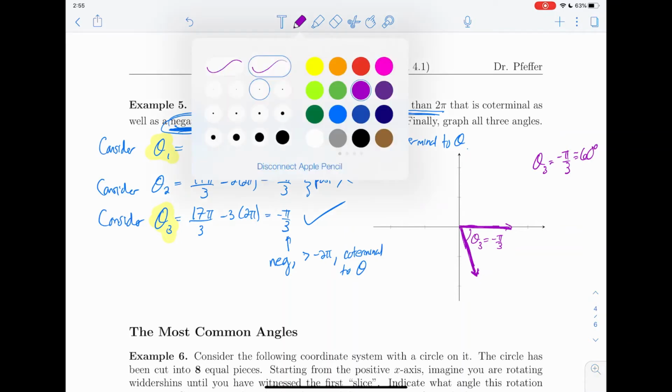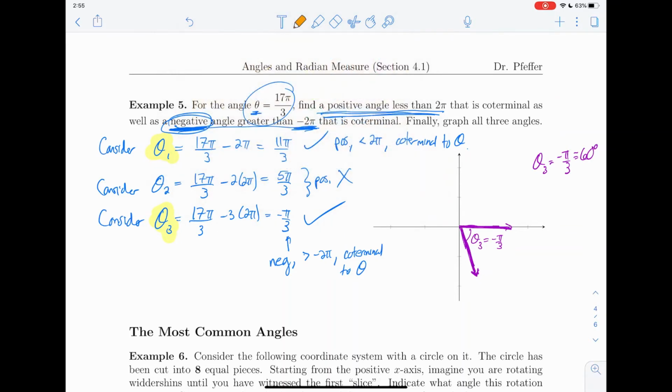So let's pick a different color. Maybe we'll pick orange. And we're going to label theta 1. This is 11 pi over 3. What we recognize here is that 11 pi over 3, again, we're going to be pointing in this direction. But since it's positive, we're going to be going in the counterclockwise direction.